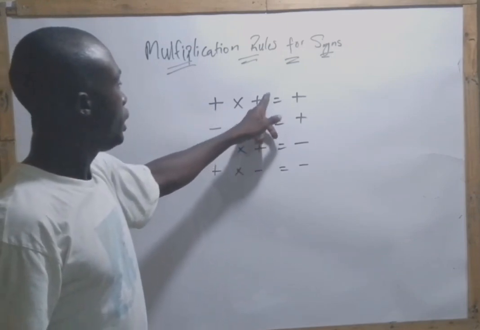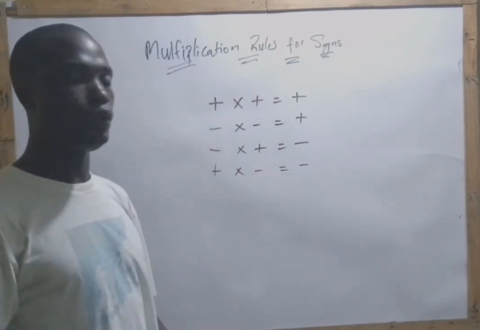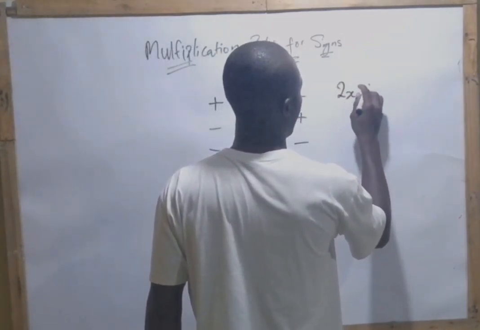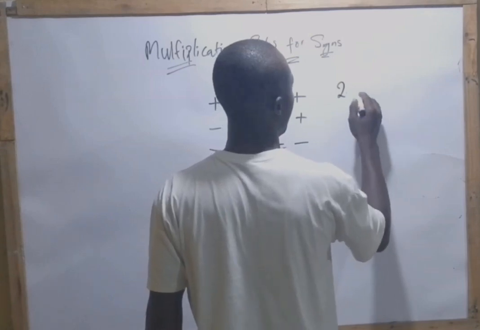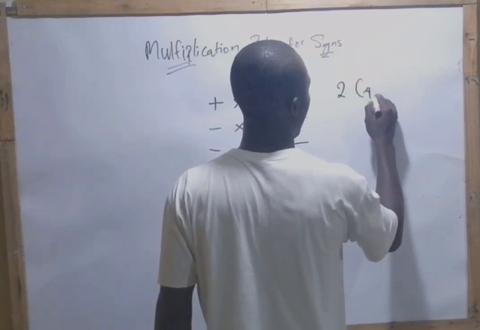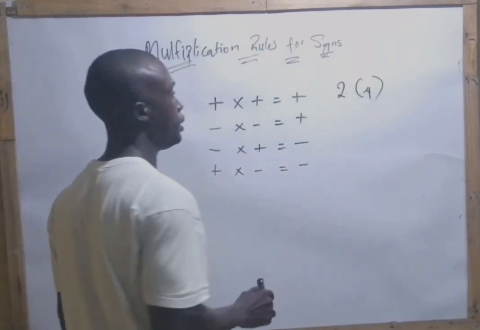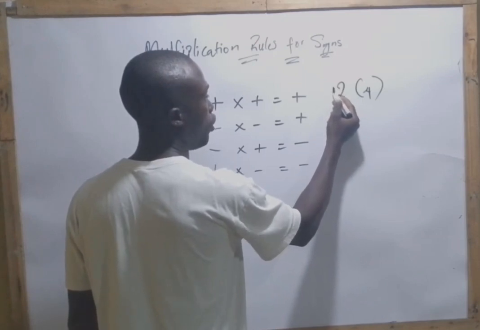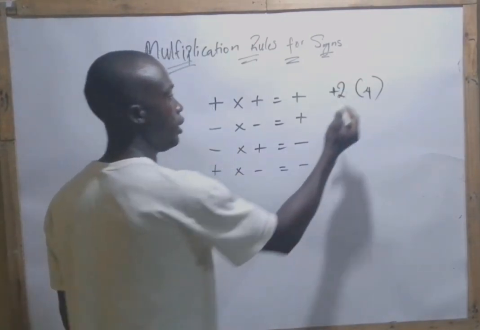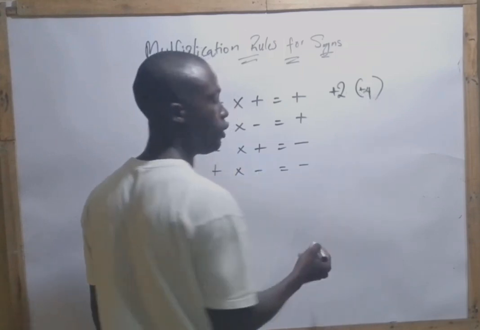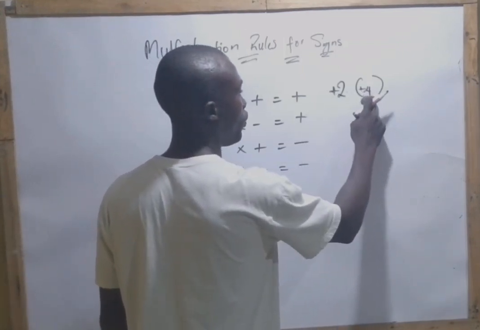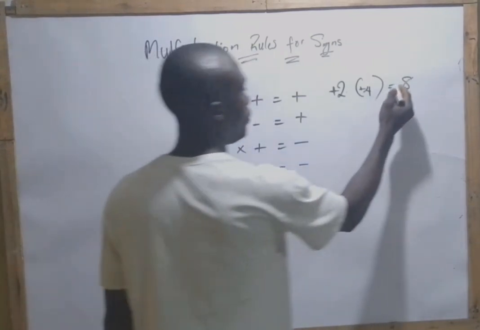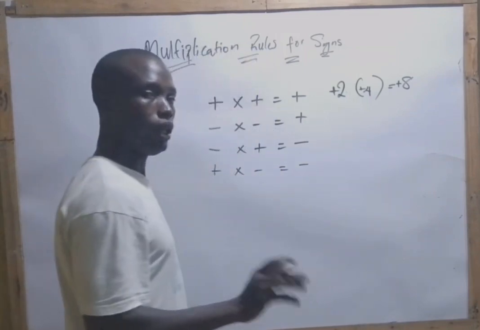When you want to multiply numbers, you look at the sign in front of each. Let's assume we have 2 into bracket 4. You want to multiply this. This place has a plus sign in front of it, and here also there is a plus sign in front of it. So 2 times 4 will give us 8, which has a plus sign in front of it.